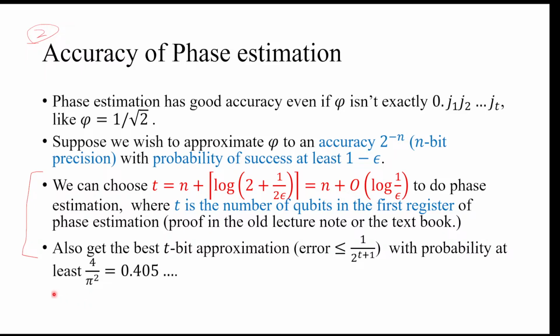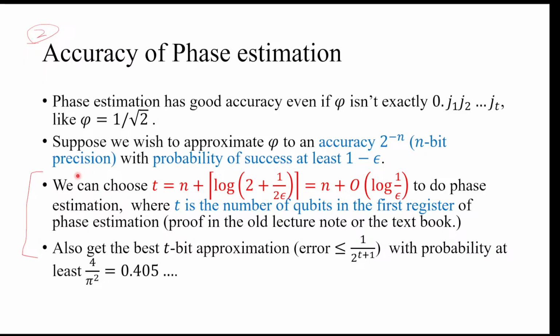With at least this probability, at least 40%, you will get the base rounding. And so in our factoring algorithm, to prove that it works, since factoring is in NP, you can just check your results, so you can just use this. You say our algorithm has a constant success probability. You just try more times, until you get your correct factoring. So this is also a fact you can use.